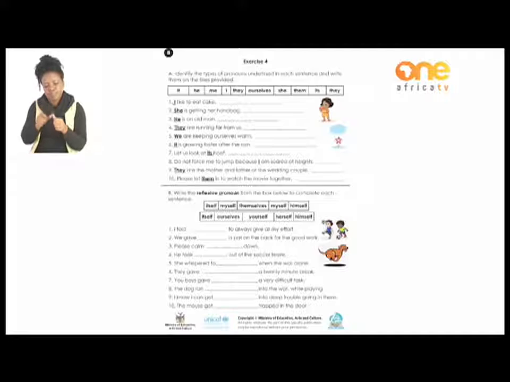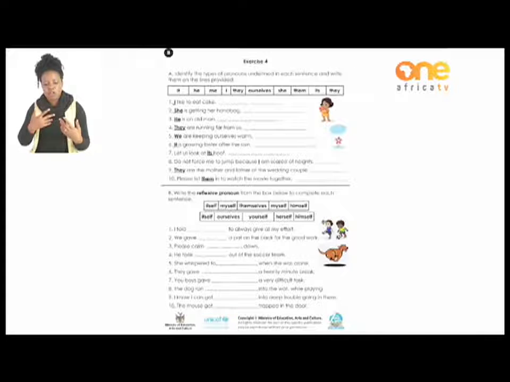The instruction says the types of pronouns underlined, meaning you are going to write what type of pronoun is I, and in number 2, what type of pronoun is she. So I expect you to write personal pronoun, possessive pronoun or reflexive pronoun.